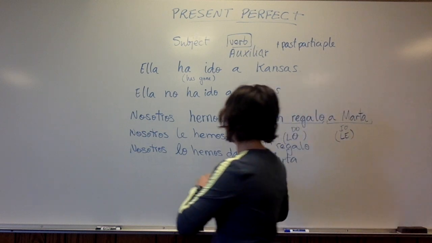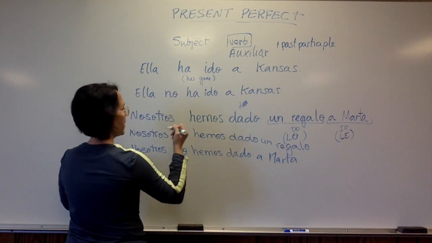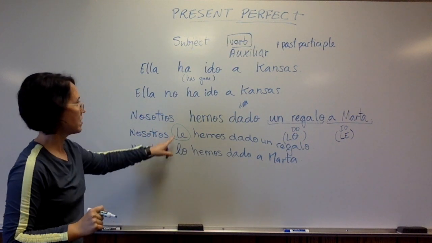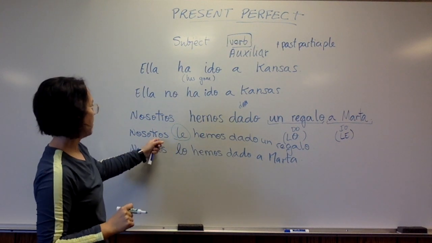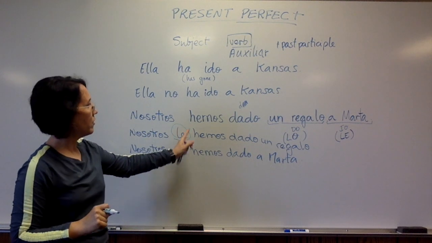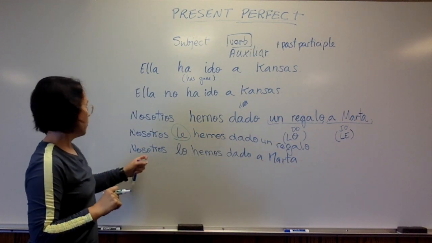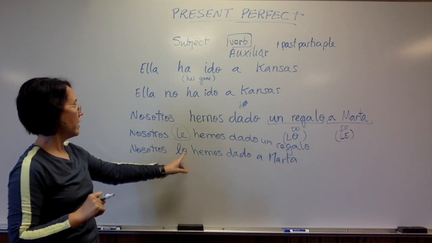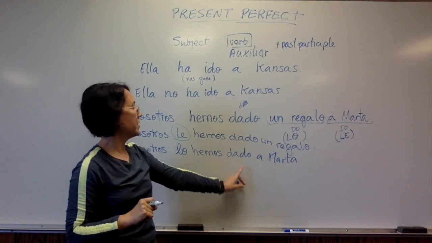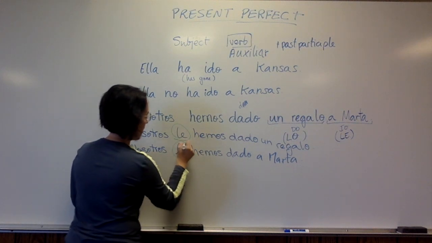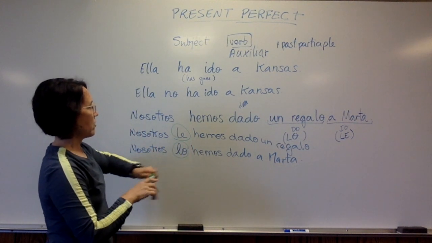So notice that le in this case refers to Marta, because notice we to her have given a present, or we have given to Marta. So remember that in Spanish, this le or lo go before the auxiliary verb.